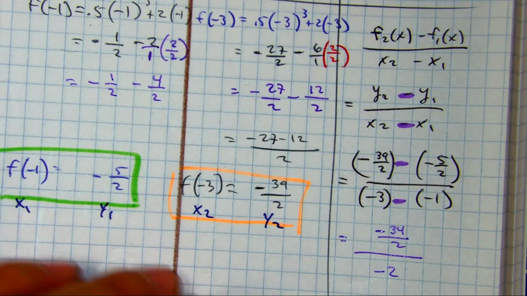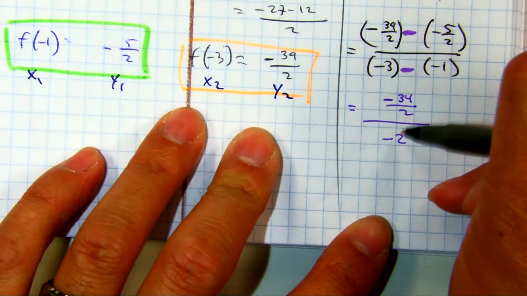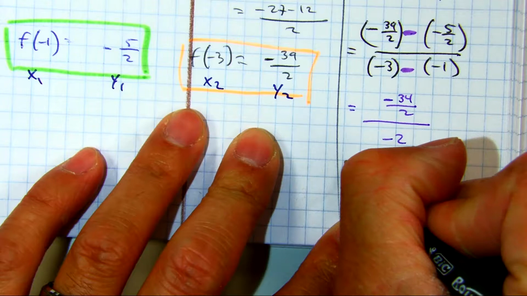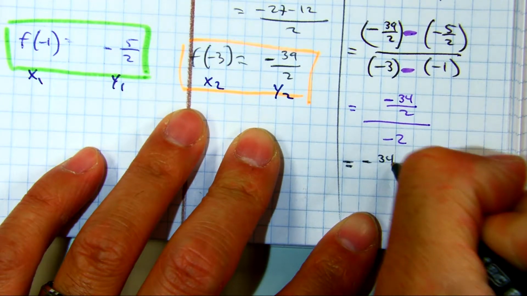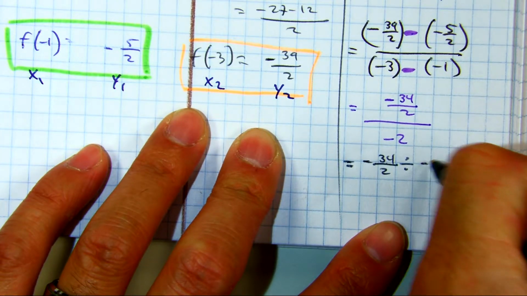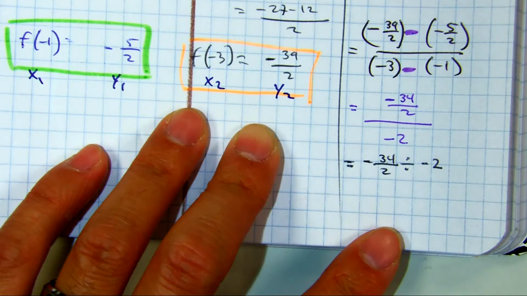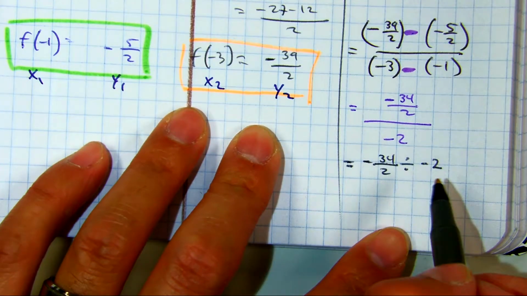Let's go ahead and divide fractions now. This is vertical. I'm going to change my fractions horizontally. Negative 34 over 2 divided by negative 2. Class, how do you make the negative 2 a fraction?